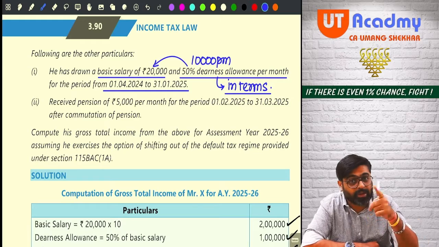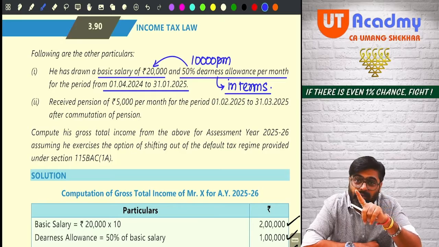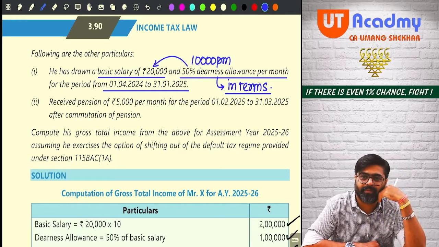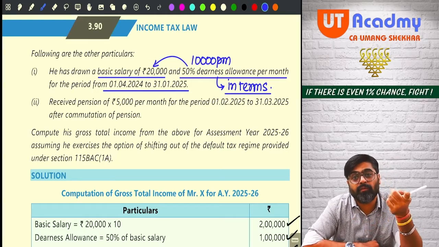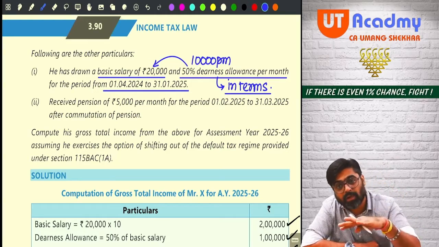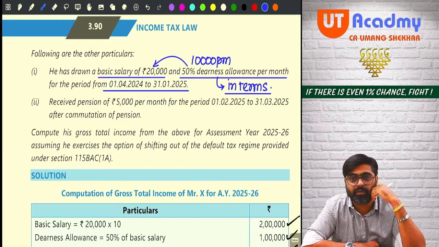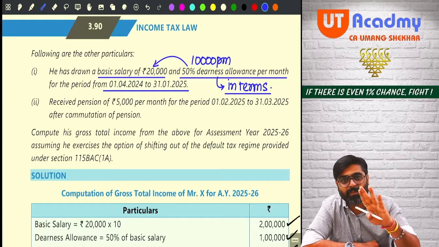But see, institute is very smart. What institute does, you know? Institute has made the solution by taking DA not in terms. But in the end, you will see they have also given a note that alternatively, if the DA was taken as in terms, then the answer would have been this much. Getting my point?